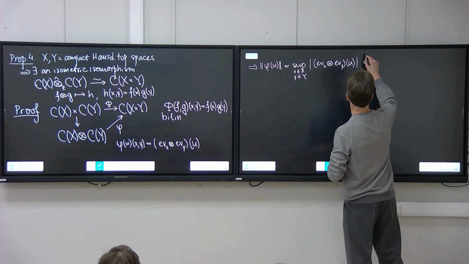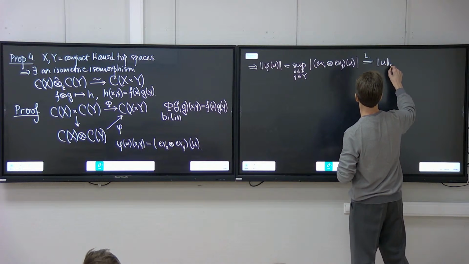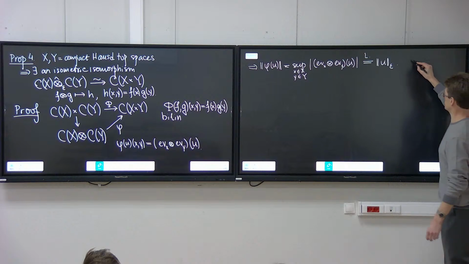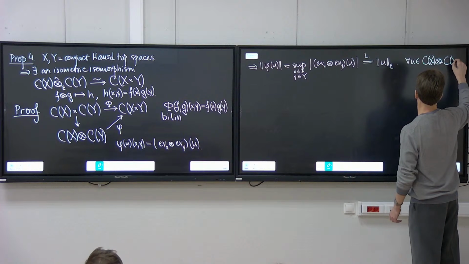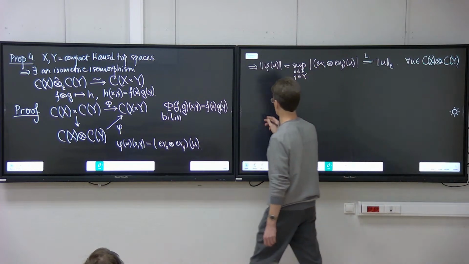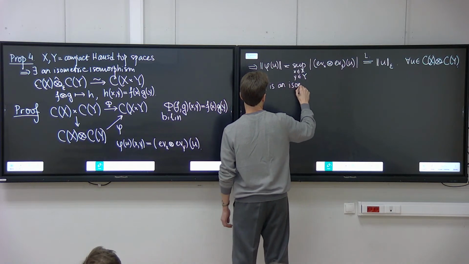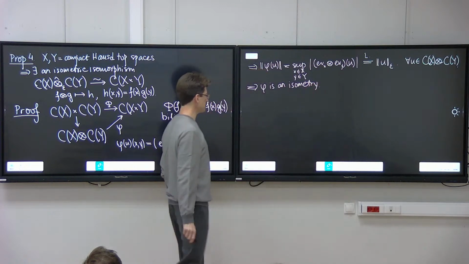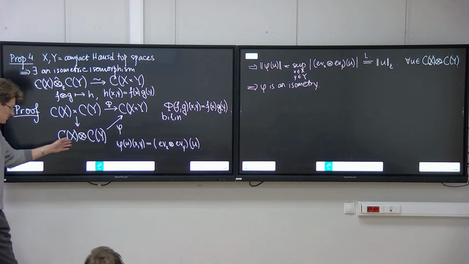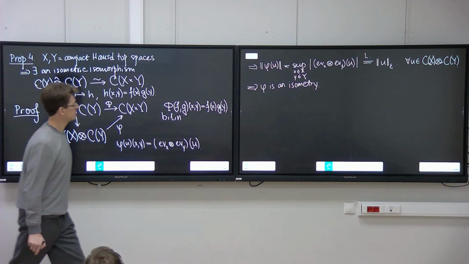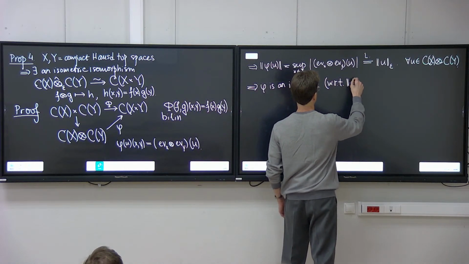So by the lemma, this is equal to the injective tensor norm of u for every u. So we see that little phi is an isometry with respect to the injective tensor norm.